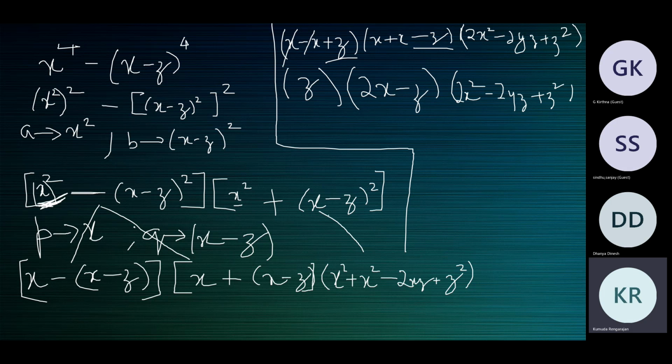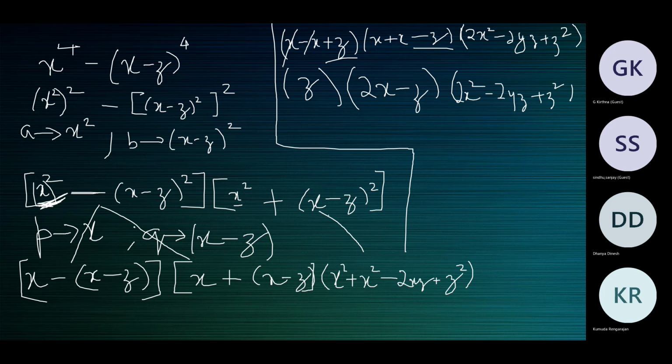We have written the given expression as a product of its factors. The heading is factorize. Factorize the given expression. So the final answer should be a product of the factors of the given expression. So these are the factors.